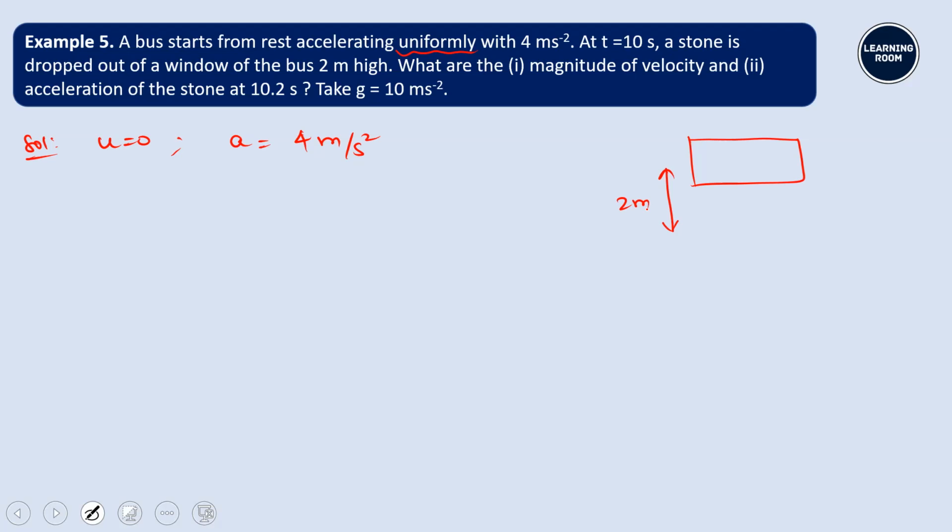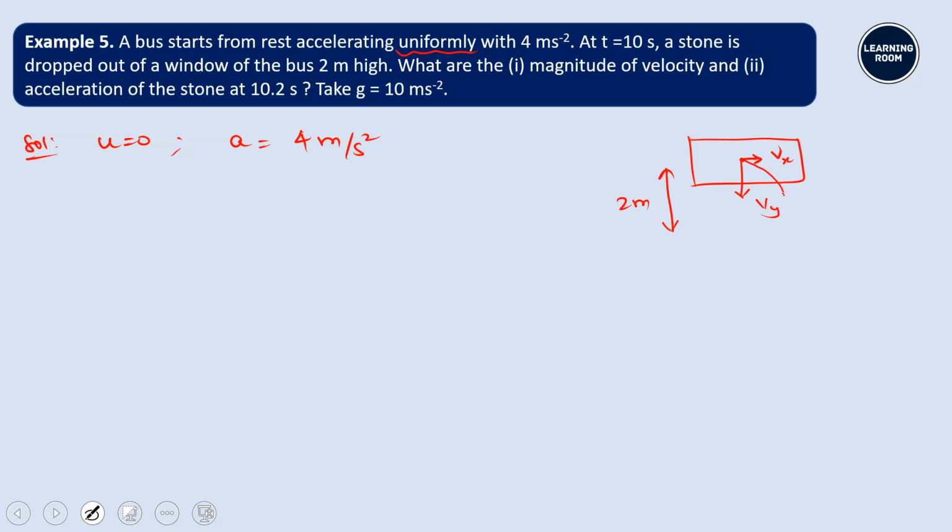So if you look at the scenario when the stone is dropped, it has a velocity in this direction. And what is the velocity of the stone? That we don't know, so let's say it is Vx. When it is traveling in the downward direction, it has a velocity in the downward direction as well, Vy. So this Vx and Vy put together give the parabolic path.